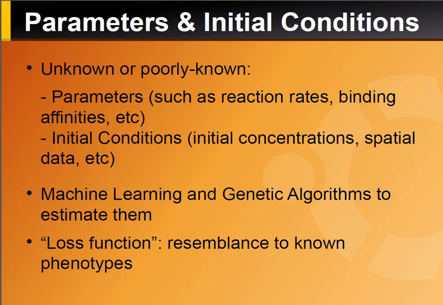Or it could be the initial conditions, like initial concentrations and so on. Well, one approach is to use machine learning or genetic algorithms to estimate those parameters. With this approach, the counterpart of a loss function, in other words, something we're trying to optimize, could be the simulated cell's resemblance to real known phenotypes.